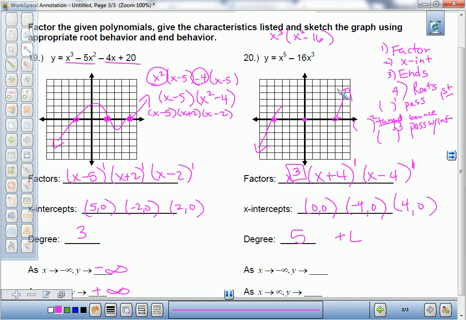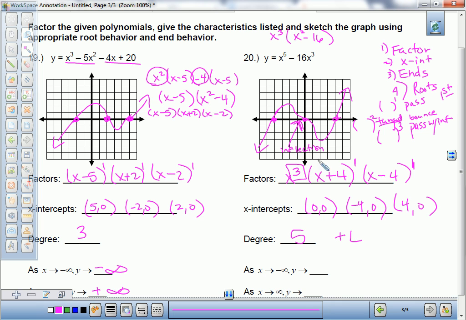Or does it pass with an inflection? Okay, all of these are first powers. Understood 1, understood 1, understood 1. So all of these just pass. Pass, pass, pass.